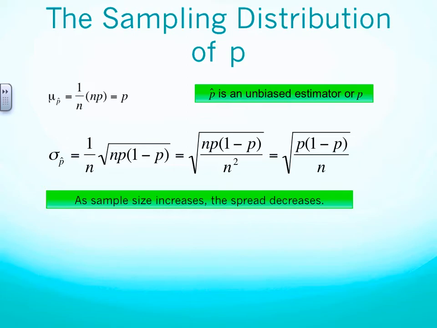And so we should have started to notice that our sampling distributions for our proportion statistics look to be approximately normal as long as we have a large enough sample size.